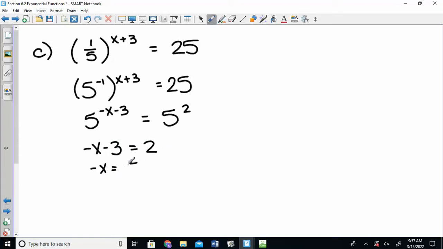So if we add the 3, it's -5. Check it real quick. Grab your calculator. Put 1/5 in parentheses. And then your exponent is -5 plus 3. Does it work out? Yes.